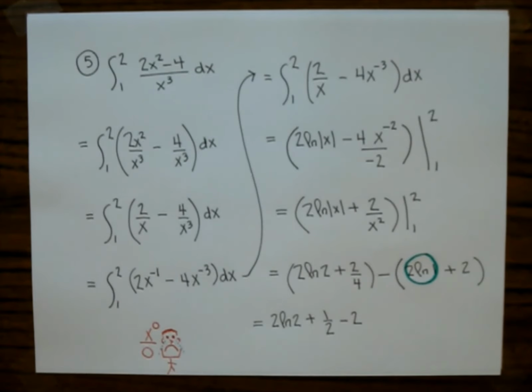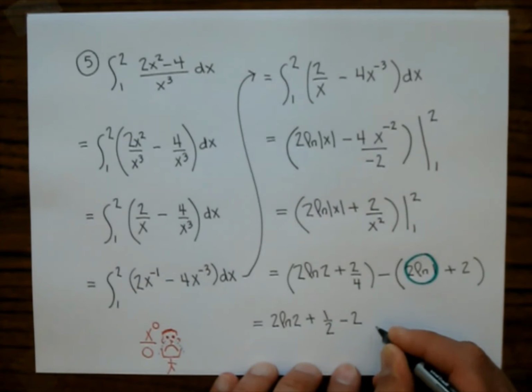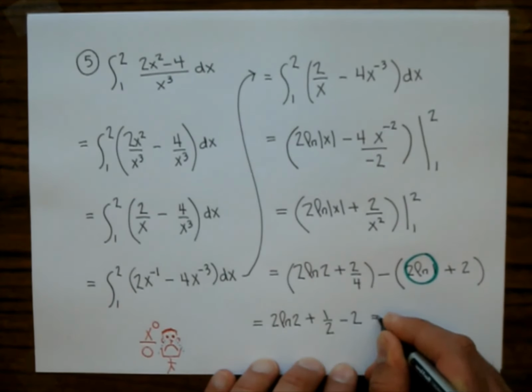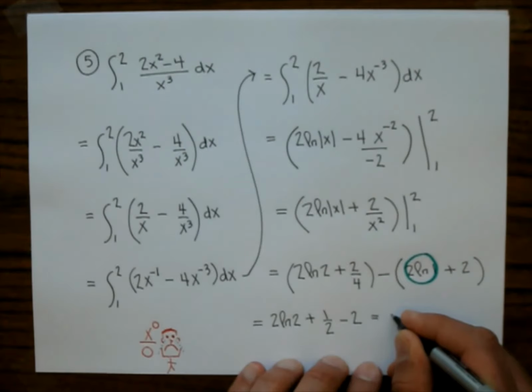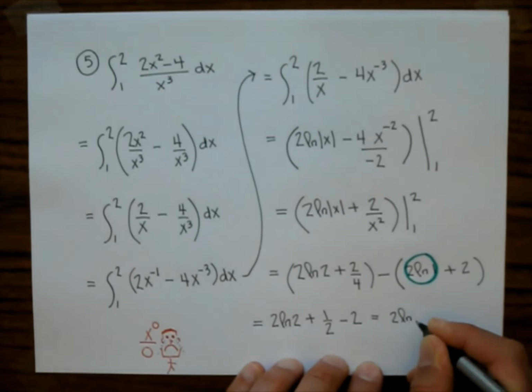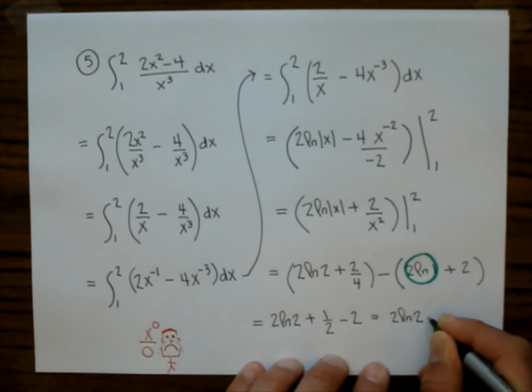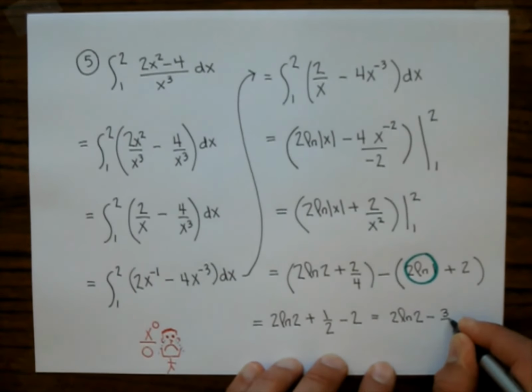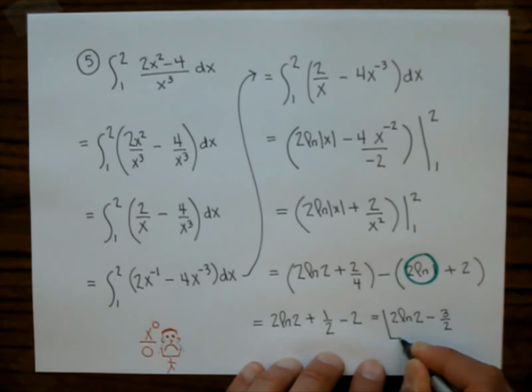So I'm almost done actually computing this. I just have to go 1/2 minus 2. So this is 2 ln 2 plus 1/2 minus 2, and 1/2 minus 4/2 gives me a -3/2. So there's your answer.